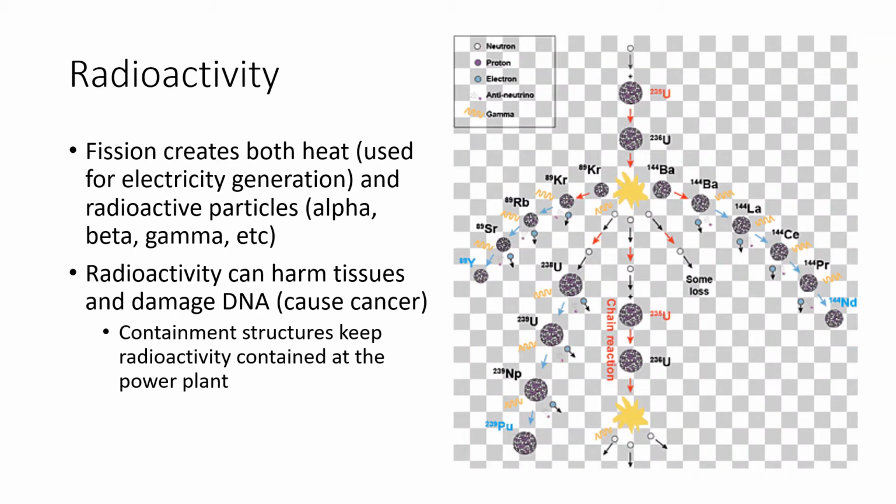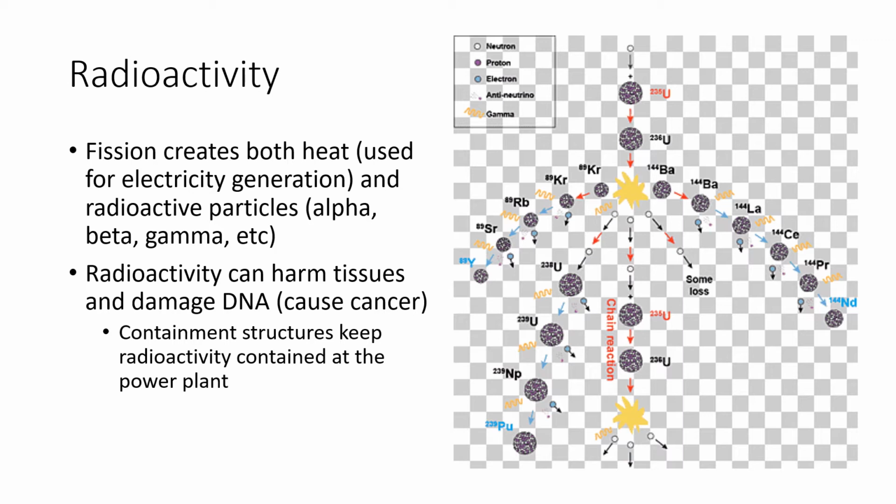And so a little bit about radioactivity. Like I said before, the fission is creating heat, which we use for that electricity generation, and it is also releasing radioactive particles. Like I said, alpha, beta, gamma rays. The reason why we worry about this is because radioactive particles can harm tissue, like by direct contact, and also just damage DNA.